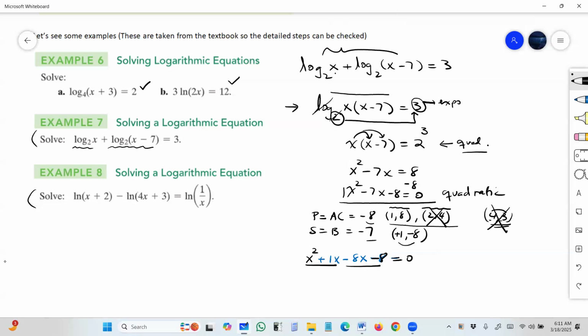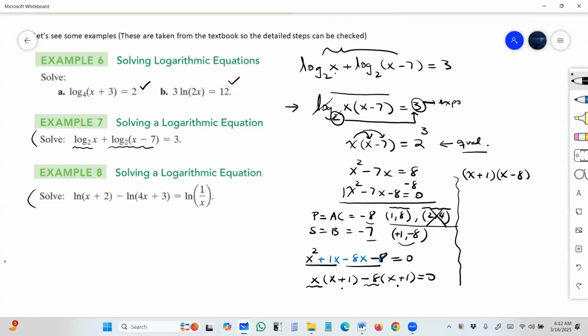So I factor by grouping now. x plus 1, minus 8 times x plus 1 equals 0. Notice that x plus 1 is a common factor, so I'm going to pull it out, and I'm going to end up with x minus 8 here equals 0.